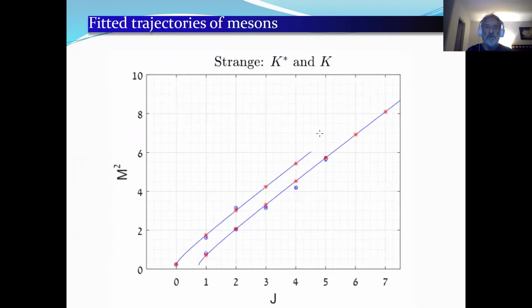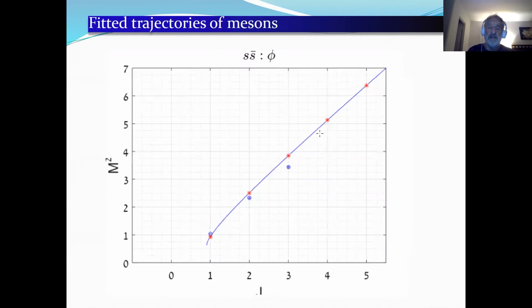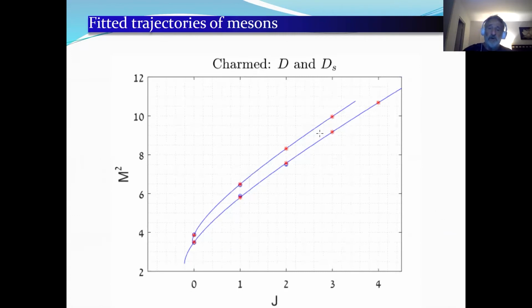But once we go to a heavier one, so this is for mesons that include strange, K and K star, star is with S equal to 1, and this is the s s-bar, you see it starts to bend, and if you go to heavier ones, like the charmed ones, B and the S, then it's clearly not a linear trajectory anymore.